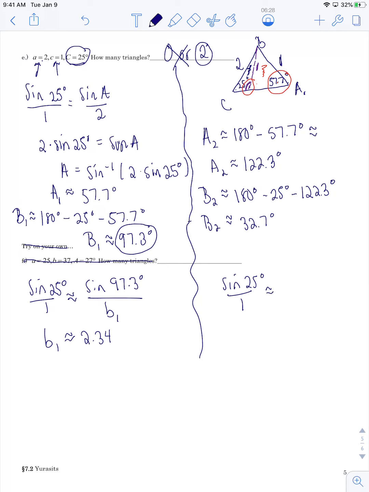And then if I go to my second triangle, again use the full ratio, sine of 32.7 over little b, 2. Okay, again, I'm going to go to my calculator, and I'm finding that entire value again. So it's really 122.3027, blah, blah. Oh, forgive me.